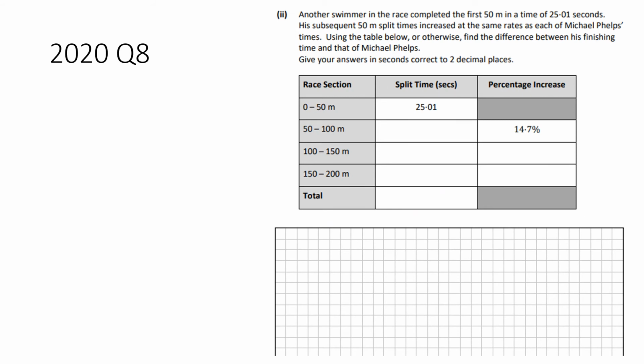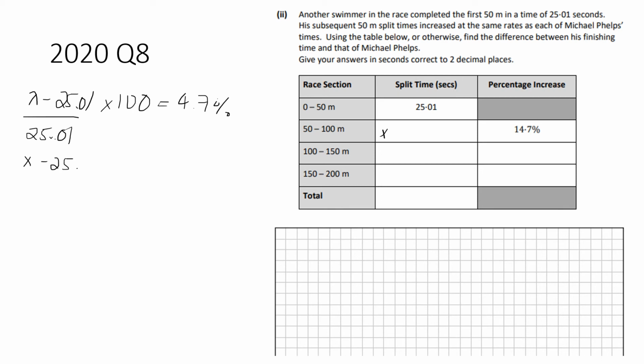Okay, so to find what x is here, we're going to have to do x minus 25.01 over 25.01 multiplied by 100, which gives you 4.7%. So the easiest thing to do is just to do the opposite.